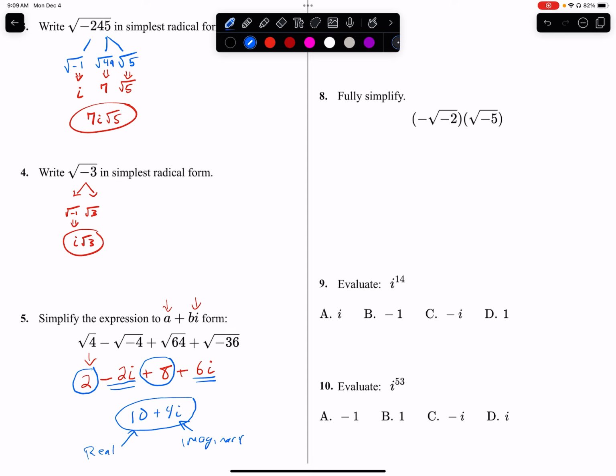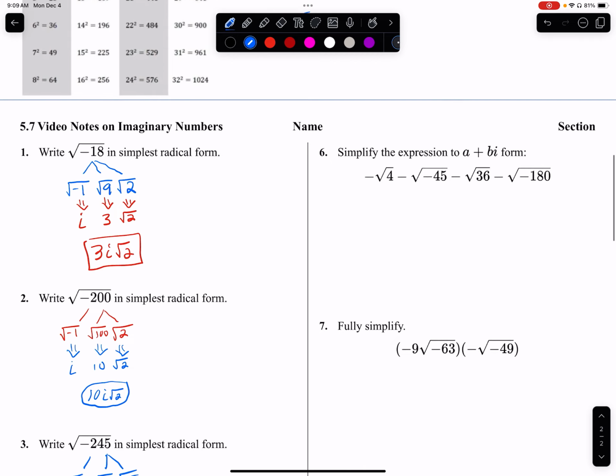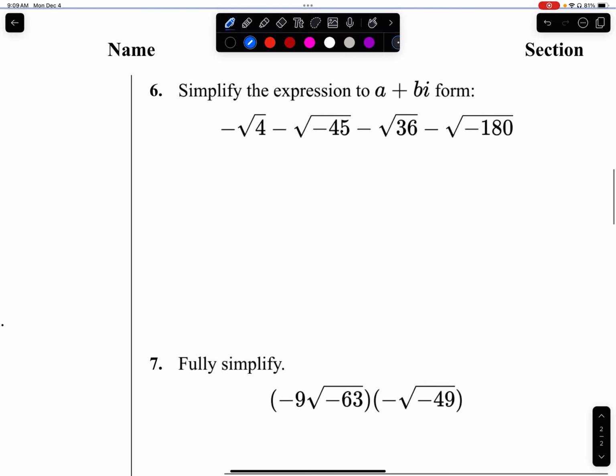So whenever you're adding these numbers, you just want to treat them like terms. For example, let's look at this one and see how we can break it down. All right, so first of all, I've got a negative. The square root of 4 is 2. Minus, now this one we've got to break down a little bit more.